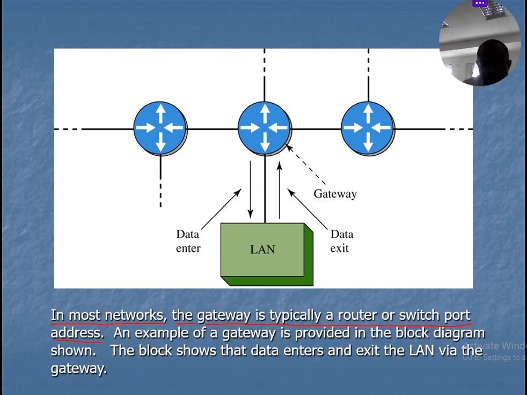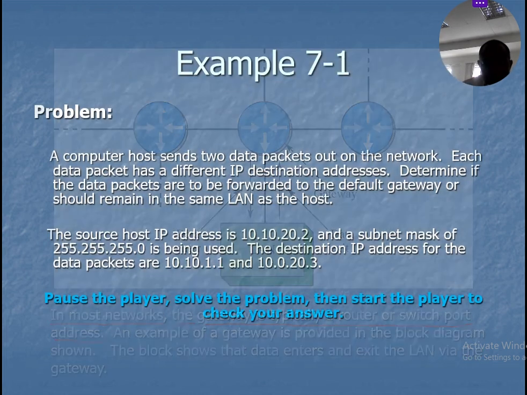In most networks, the gateway is usually a router or a switch port address. An example of a gateway is provided in the block diagram that you've seen.